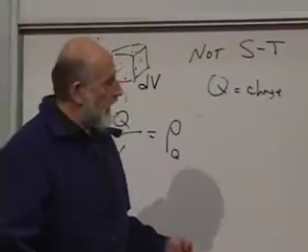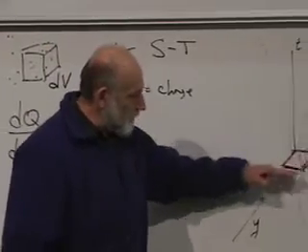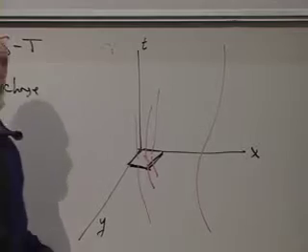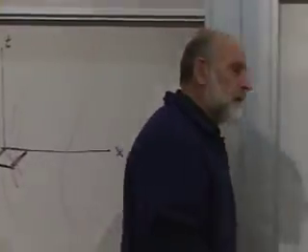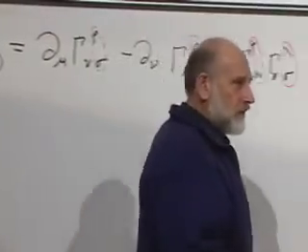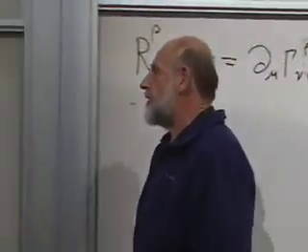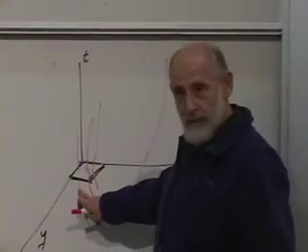That's just another way of asking, at a given instant of time, how much charge is in the box. How much charge is passing through the box in a space-time sense is equivalent to the question how much charge is in the box at a given instant of time.